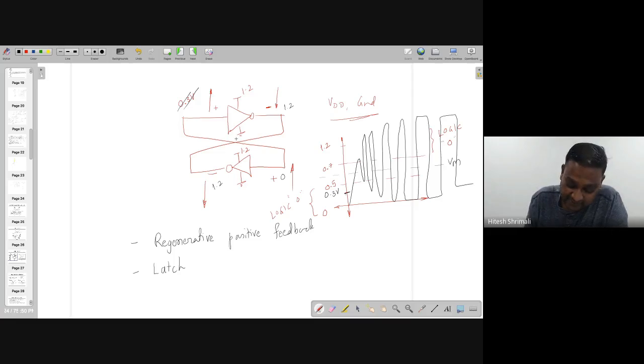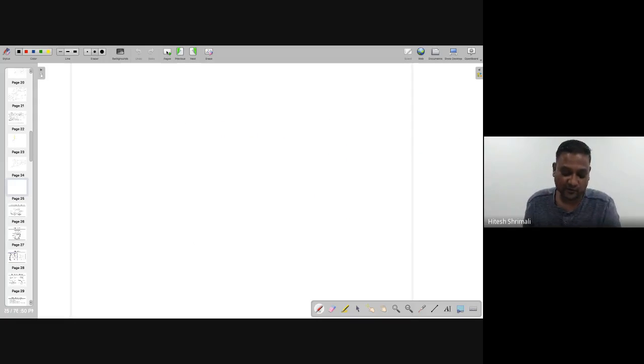And the whole thing is, when you are doing this, there are many advantages of such a circuit. Let's assume, going a little bit away from what we are doing, you might be interested to know about key debouncing circuits.